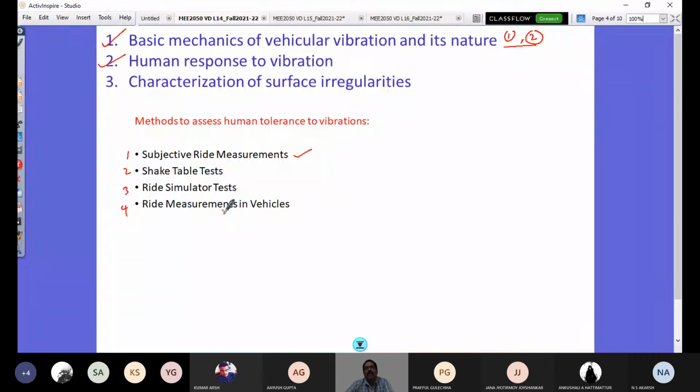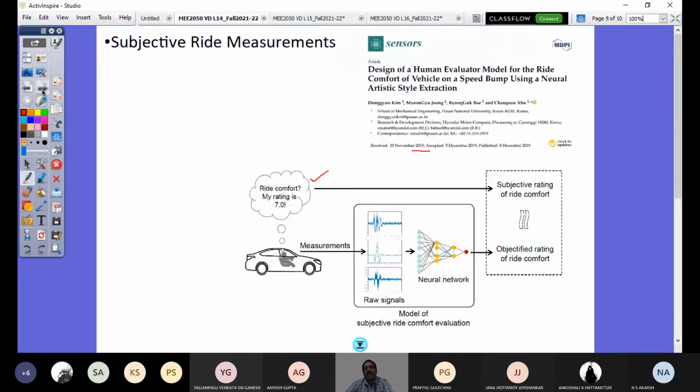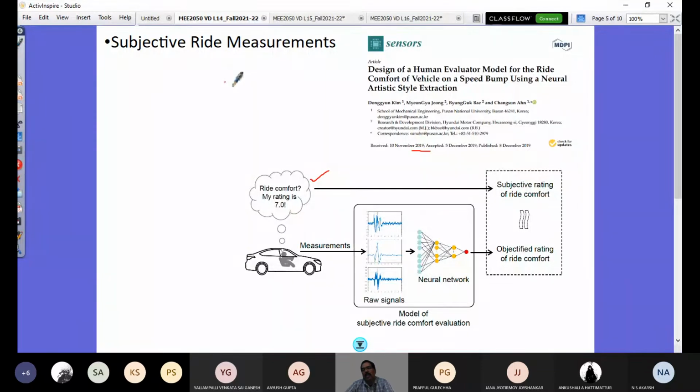So these are the various aspects of measurements that primarily give the determination of human tolerance for vibration. And that's what we were looking at in the last class. The subjective ride measurement, always correlating it to the quantitative or objective measured data in real-time road conditions, is what current research people are working on.